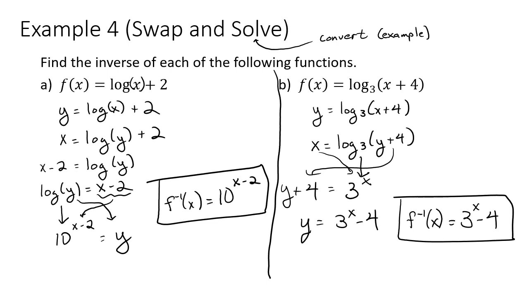All right. For part A, we started with a number outside of the logarithm. That number happened to end up inside the exponent. For part B, we started with a number inside of the logarithm. That happened to end up outside of the exponent. That will always happen, but you don't have to memorize it because, again, it's just part of the swap and solve method.